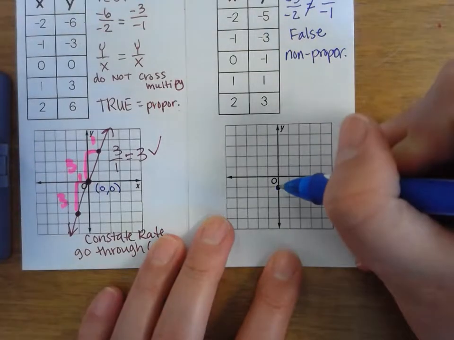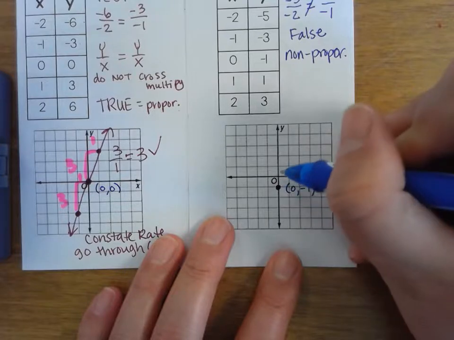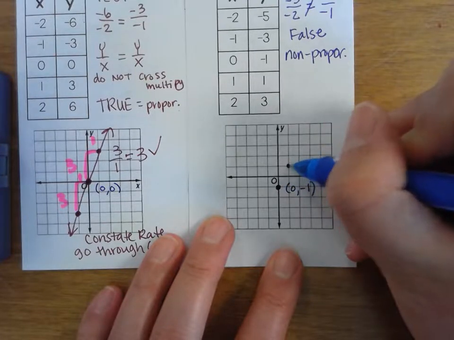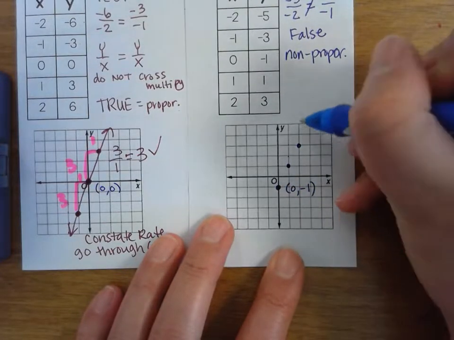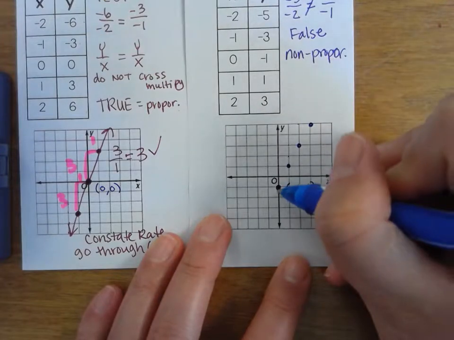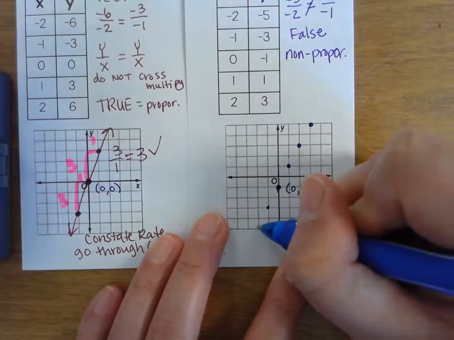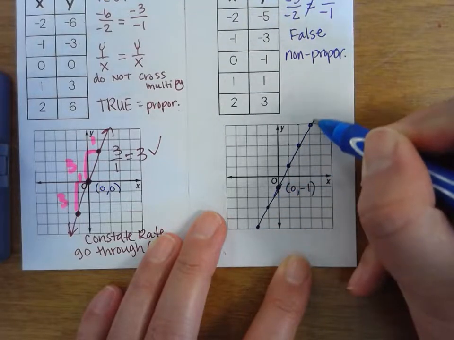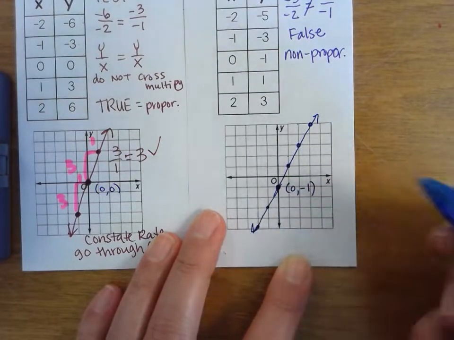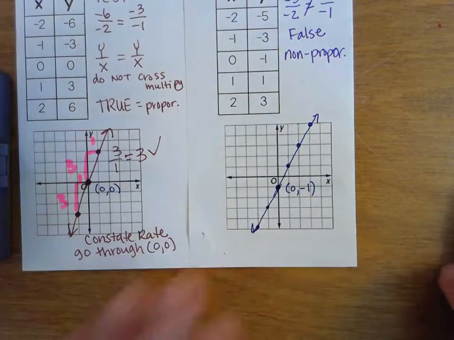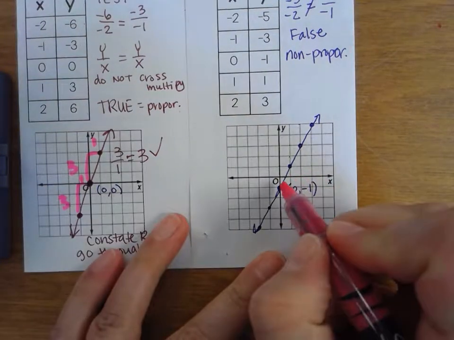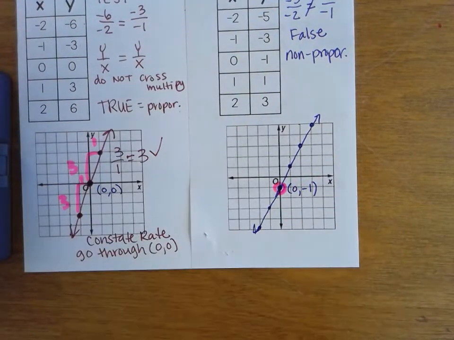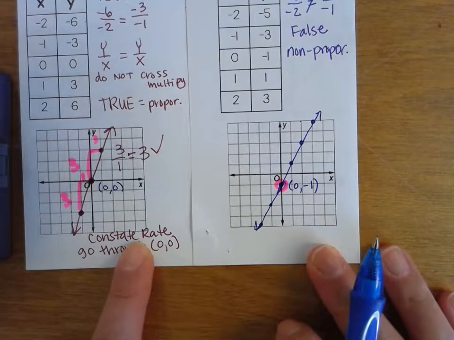So I'm going to count my slope off really quick. 2 over 1, up 2 over 1, up 2 over 1. And then follow the pattern the other way. Go ahead and connect the dots. And because of this point right here not going through the origin, because remember, over on the left side we said it had to be a constant rate.